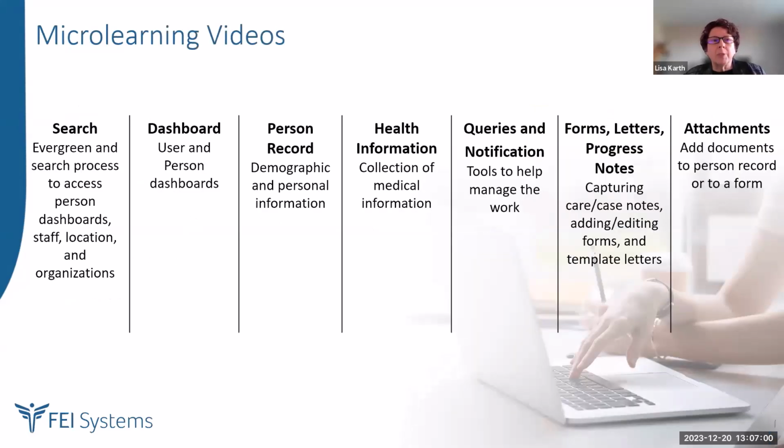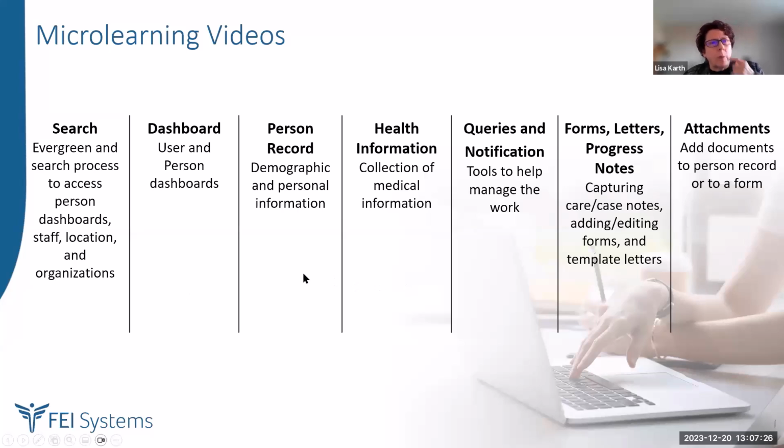You have available to you microlearning. So if you haven't watched these, I highly encourage you to do so. There is the search microlearning, which introduces you to Evergreen, and of course, shows you how to search. There is the user dashboard and person dashboards, and the user dashboard is called My Dashboard.